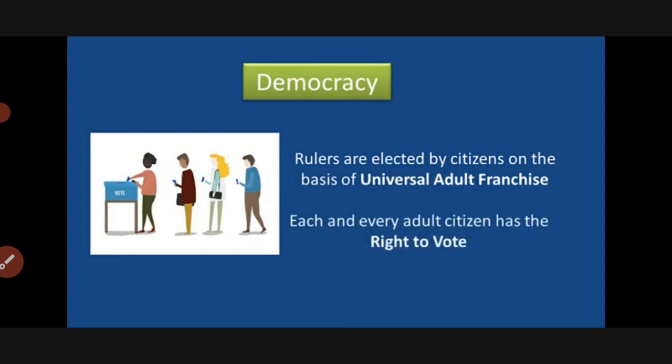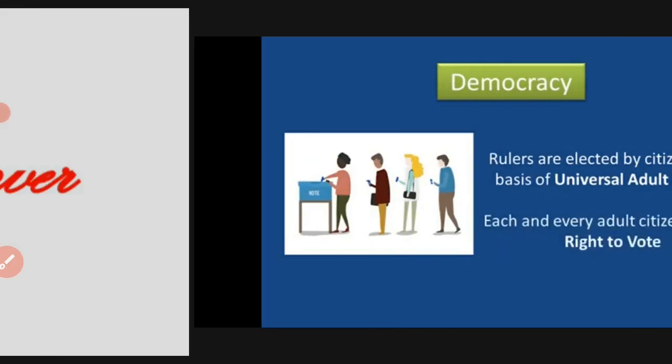So what is universal adult franchise? It means that all people who are above the age of 18 years in India have the right to vote. Each and every adult citizen has the right to vote. And this is how they elect their government.